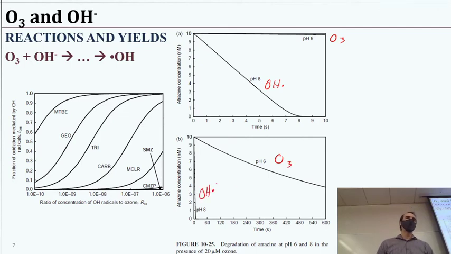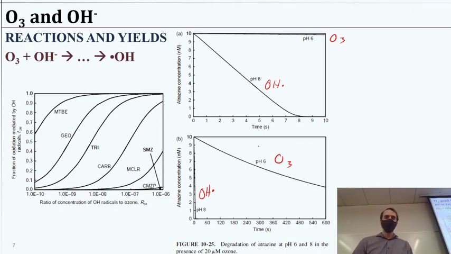And just to take a look at the kinetics there, we see that the hydroxyl radical kinetics are much faster, right? That's on the order of seconds given these conditions, versus 600 seconds, 10 minutes, for the ozone to do a similar amount of degradation.